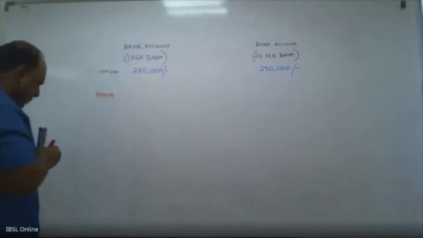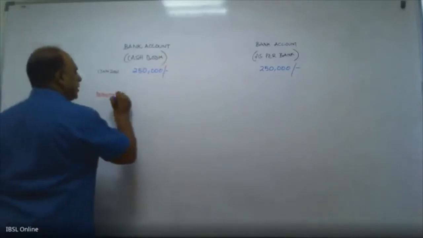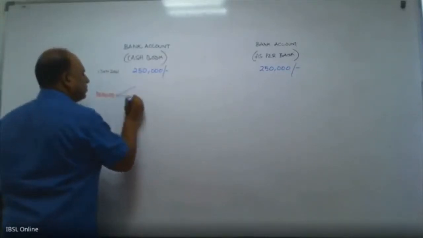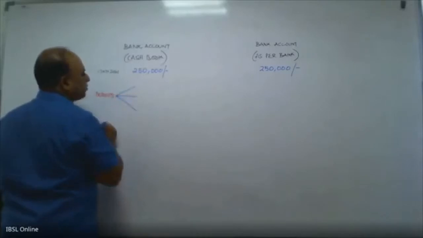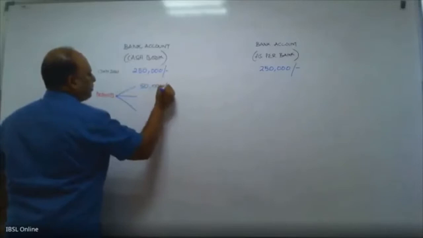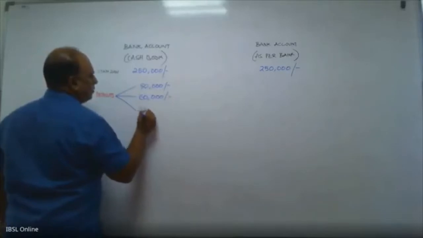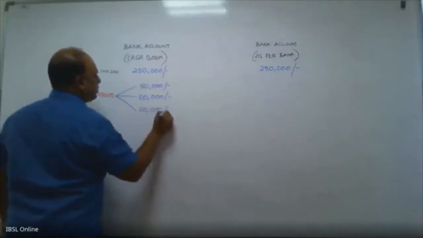Okay, deposits. Let's take, you have gone and deposited checks, 3 checks, 50,000, 60,000, and 20,000.